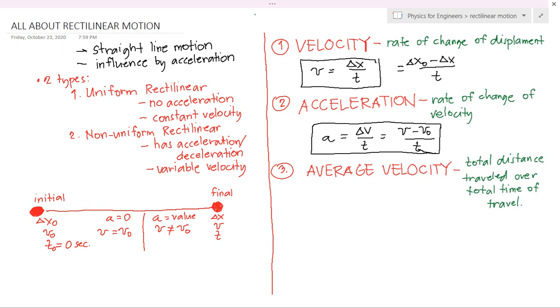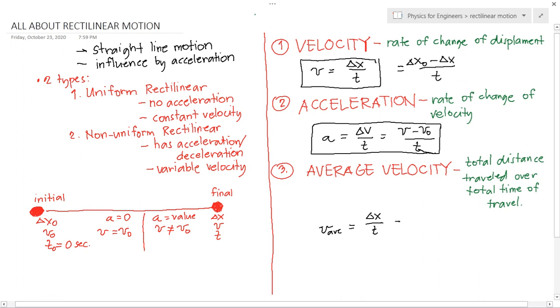Then, if we are going to write this into an equation, so we have V average. V average is equal to total distance traveled, which is just simply delta x. So, yung sum of the displacement all over total time. And remember, from your statistics or mathematics subjects, we all know that the average of a number is, let's say, if there are 3 numbers, the average is the sum of the 3 numbers divided by 3.